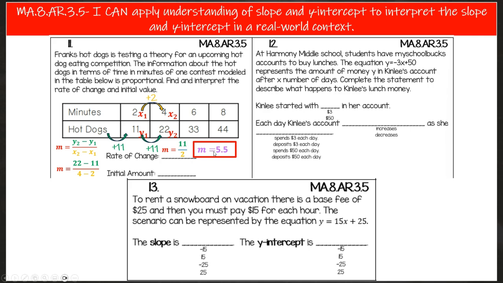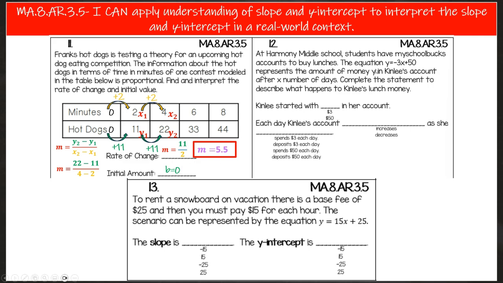So to find our initial value, what we do is actually work backwards, and if we subtract 11, we get 0, and if we subtract 2, we get 0. So our initial amount is 0, which makes sense because they told us that it is proportional. Our m is equal to 5.5, our y-intercept is equal to 0, so yes, this is a proportional table because our y-intercept is 0.